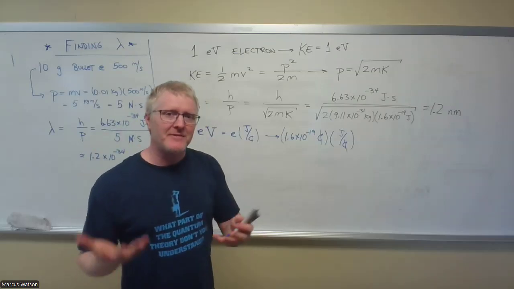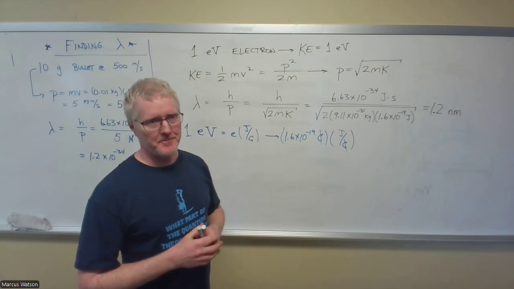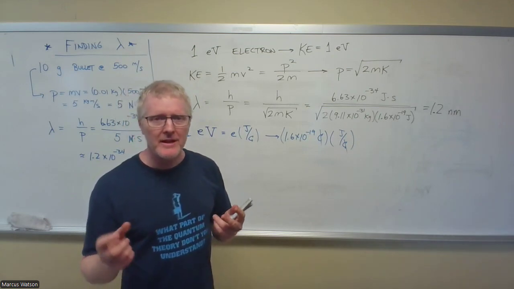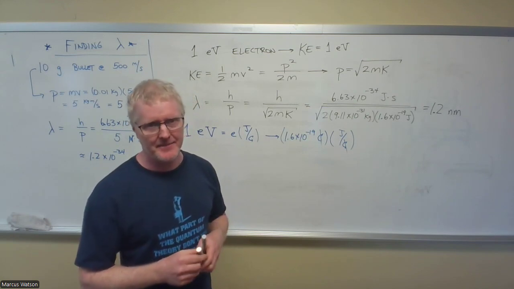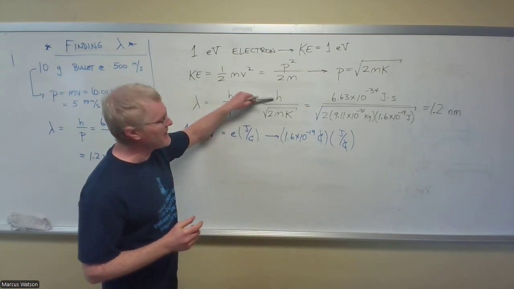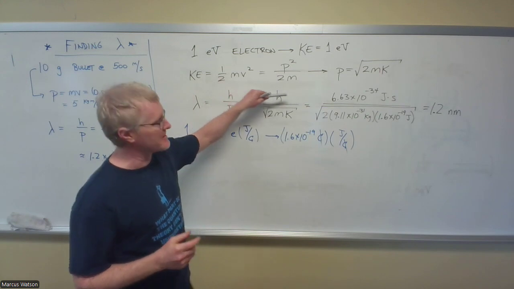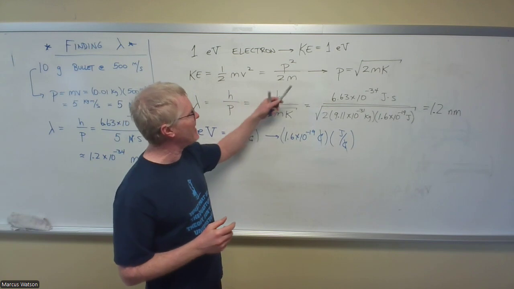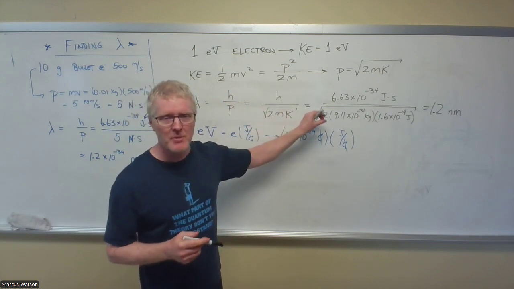So matter particles have this wave-like characteristic to them. And it's really only noticeable in the very, very tiny. So in order to compete with Planck's constant being this extremely little number, you have to have a really, really smallish momentum.